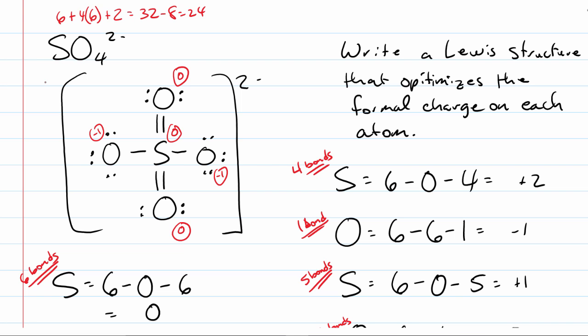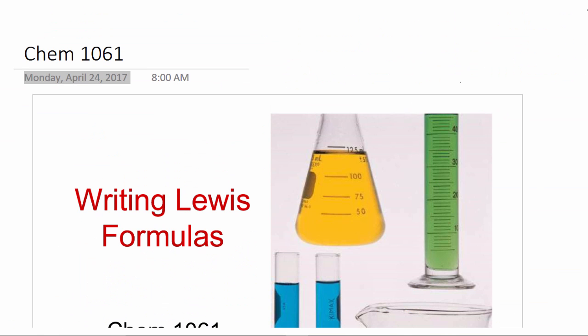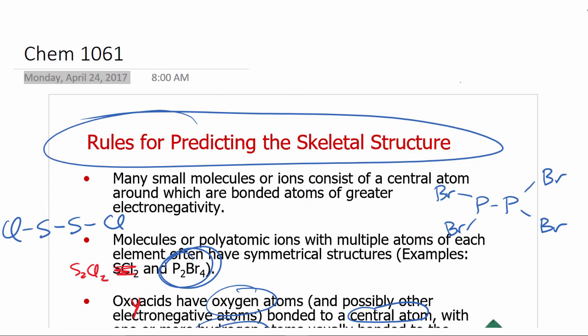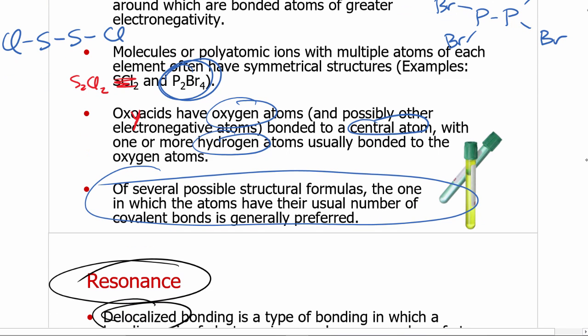Okay, couple things. First of all, when we started our work here on Lewis diagrams, we talked about predicting skeleton structures. And one of the statements that was made was that when we pick out several possible structure formulas, the one in which the atoms have their usual number of covalent bonds is generally preferred.